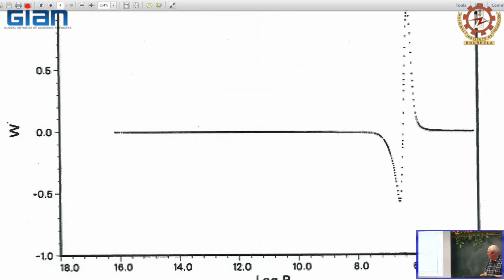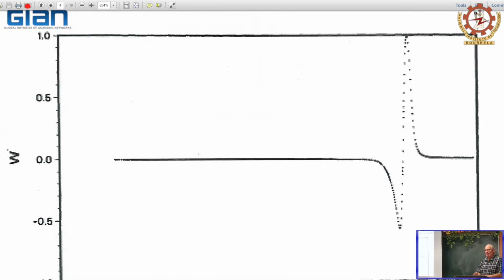And if we take the integral over this function, then the integral is positive. So the area under the positive part of the curve is bigger than the negative one. So this corresponds to an excited, unstable mode.